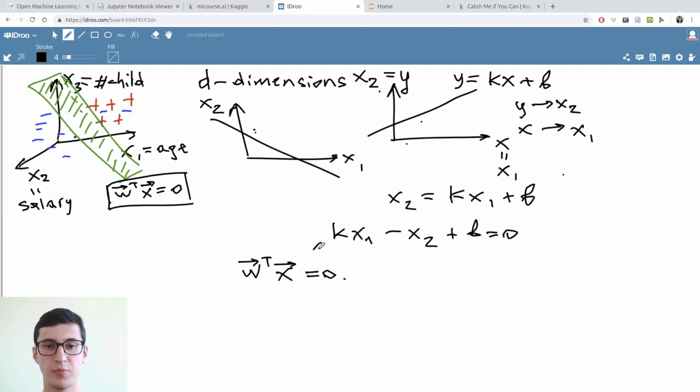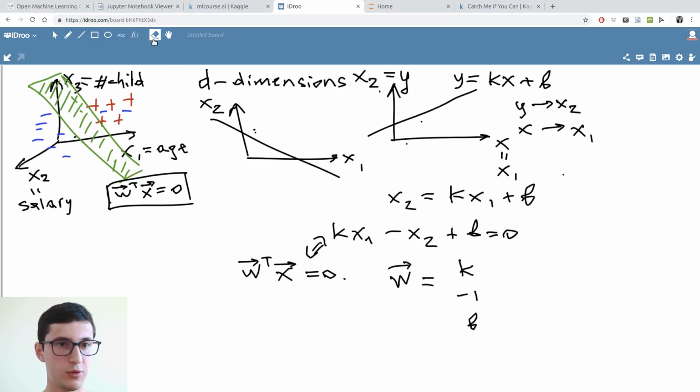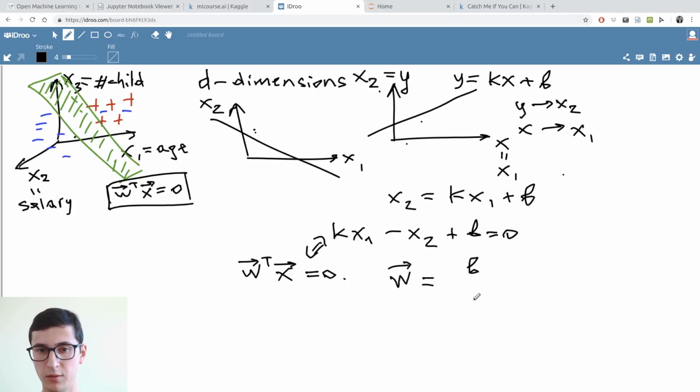And you see it's pretty much the same if we set W to be equal to a vector k, and then minus 1, and then b. It's better to make b the first component, sorry. So b, then k, then minus 1.